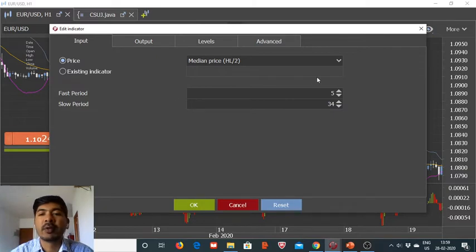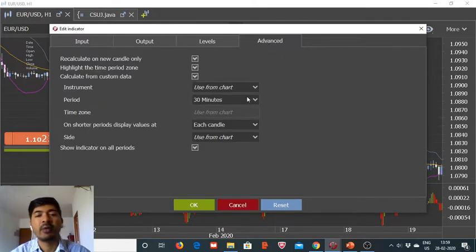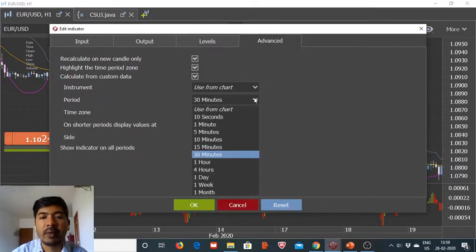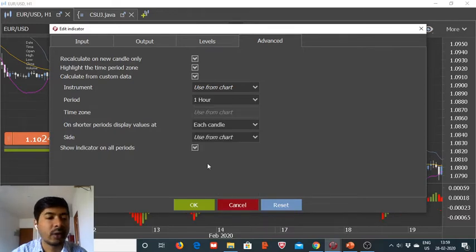Here the fast period is defined at 5 and the slow period is defined at 34, and the price is going to be the median price, high plus low divided by 2. One interesting thing is that I have defined the time period for the AC2 as half an hour. As I was preparing for this session, I noticed that it's better if we make it 1 hour, using the instrument from the 1-hour chart.